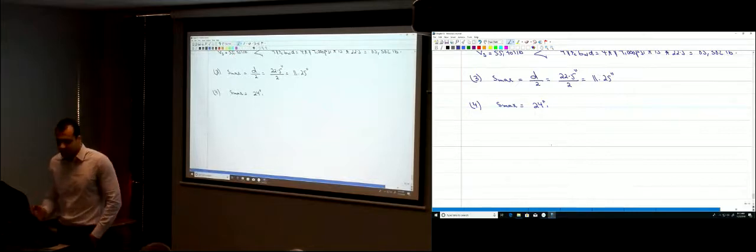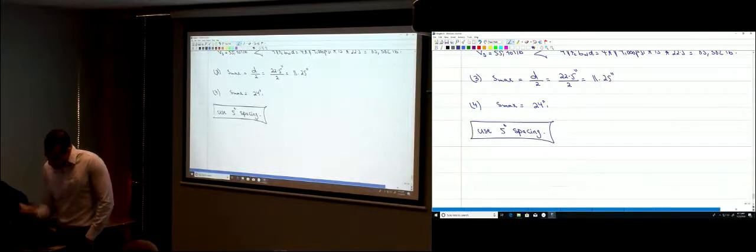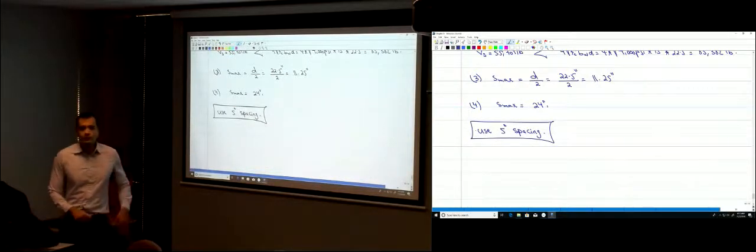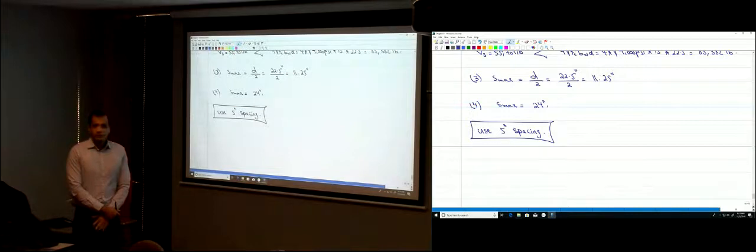No, they're not going to do that. So use 5 inches spacing. Okay? Everyone is good now? This is the design, right?